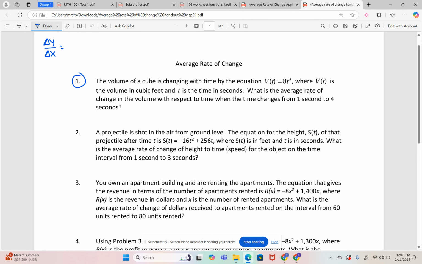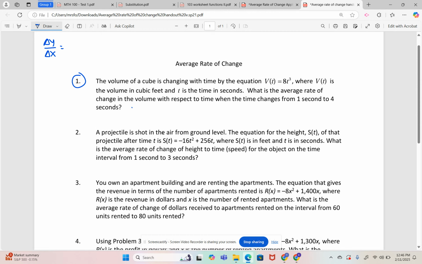The volume of a cube is changing with time by this equation, where V of t is the volume and t is the time. What is the average rate of change in the volume with respect to time when we go from 1 to 4 seconds?